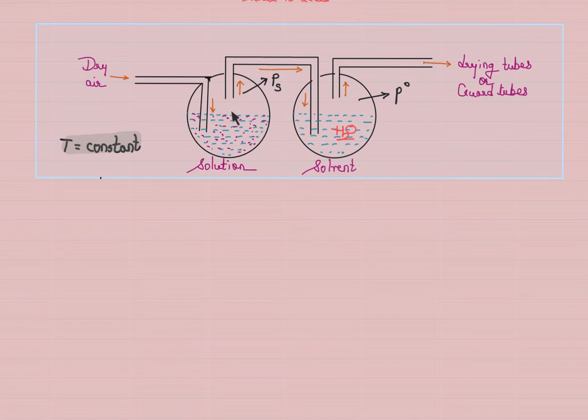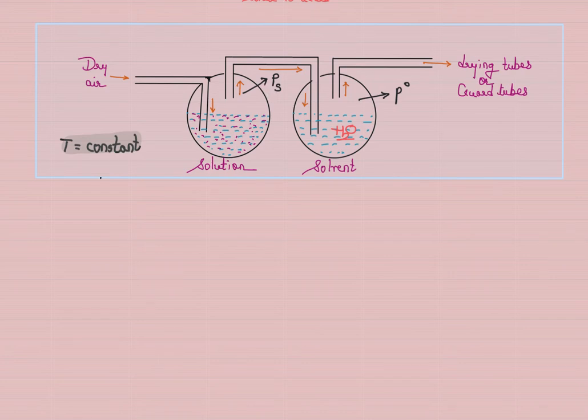The decrease in weight of this bulb would be directly proportional to the vapor pressure of the solution here, right? So if this bulb had been alone, the reduction in its weight would be directly proportional to PS.